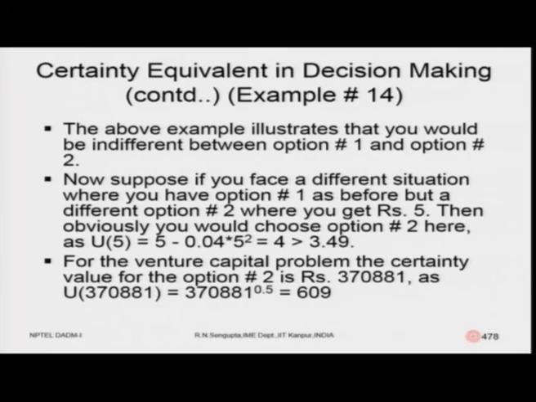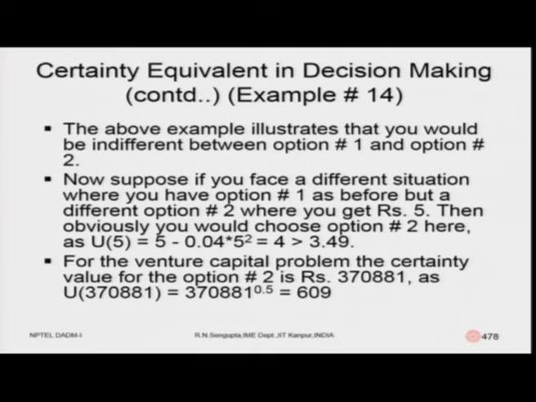Now, suppose you face a different situation, where the value is greater or less than c. You have option 1 as before, but a different option 2 where you get 5. Then obviously you would choose option 2, because the certainty value, if you calculate it, comes out to be 4. Now 4 is greater than 3.49.